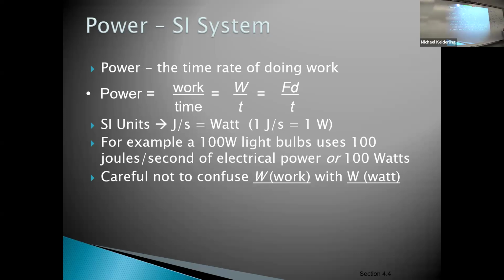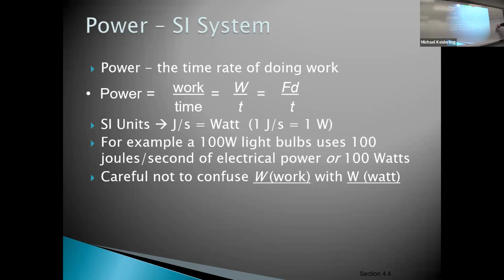Power, 1 joule per second is 1 watt. So the unit for power is the joule per second, because it's work over time. And so the unit is 1 watt. So a 100-watt light bulb uses 100 joules of energy every second.